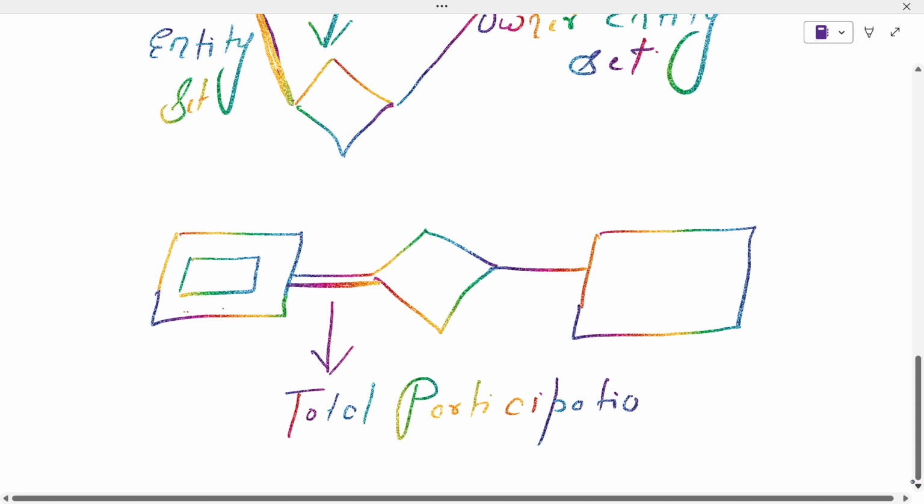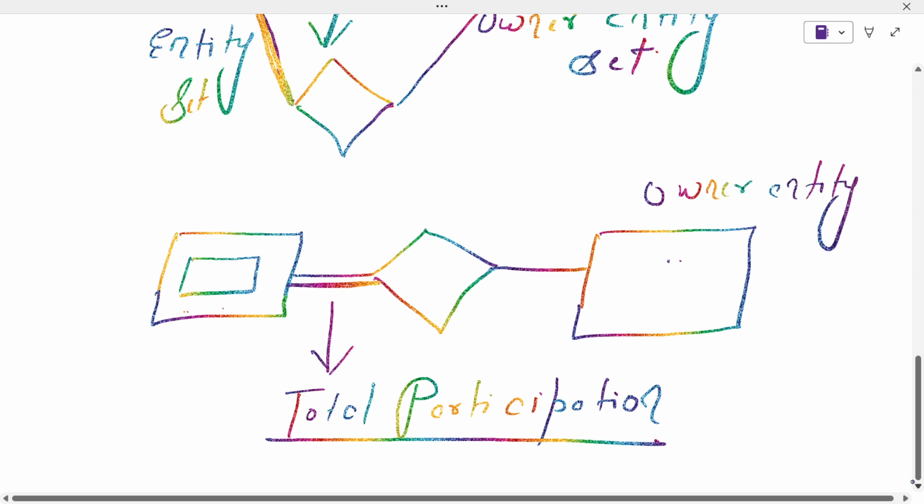This is a must because this has to depend upon this. This is the owner entity set, and this is the weak entity set. Total participation should be there, because every entity of the weak entity set must be related to the relationship set, right?